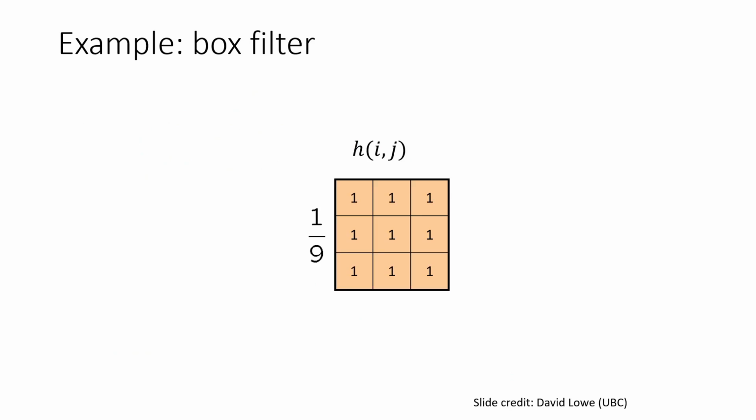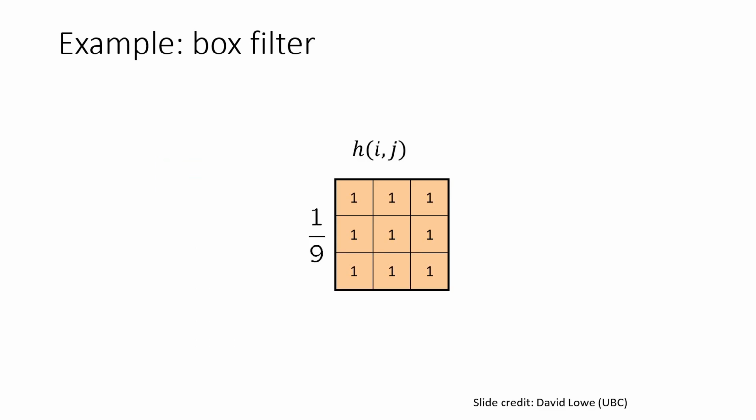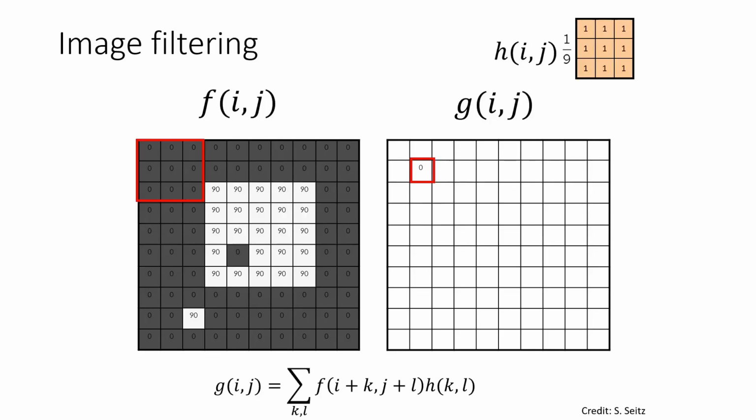This is the box filter. Box filter means every pixel has the same value. Okay, so every pixel is 1/9, right? And suppose this is the input image F, and we want to compute the point here. It means we multiply every pixel with the box filter, its corresponding weight value, and sum them up.